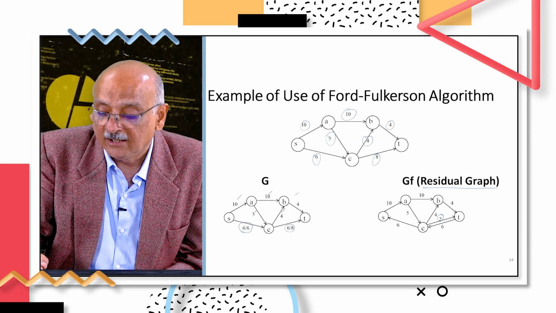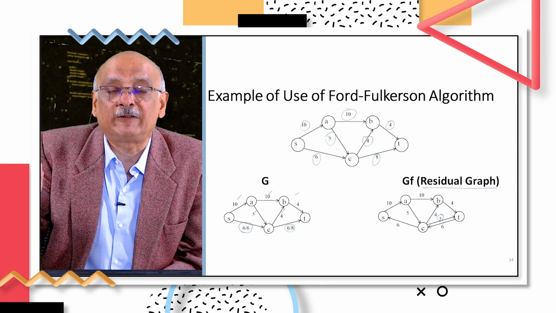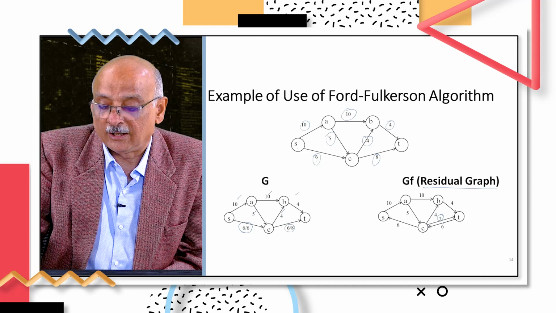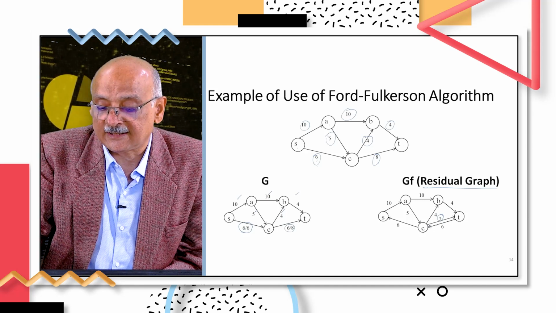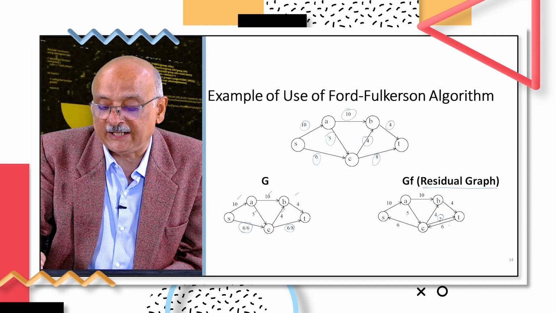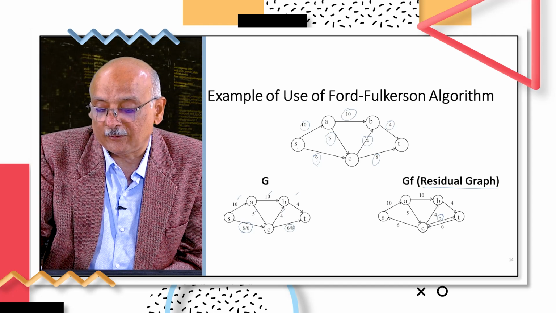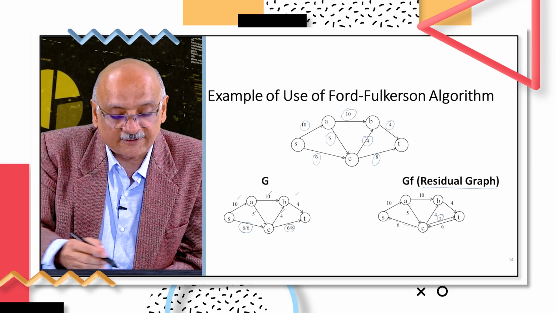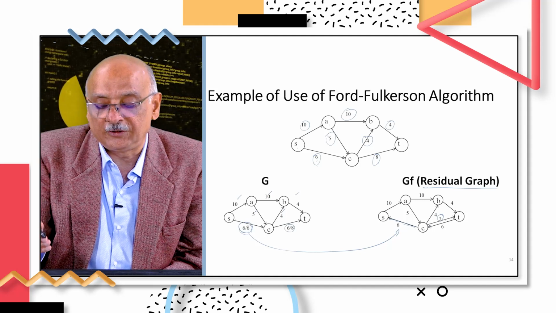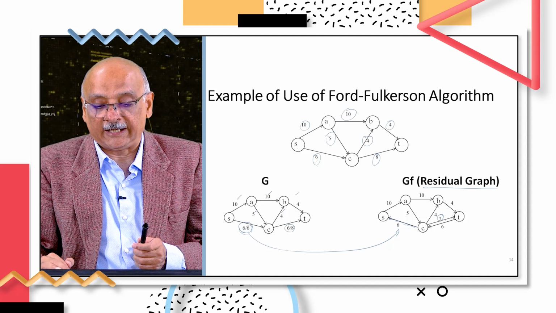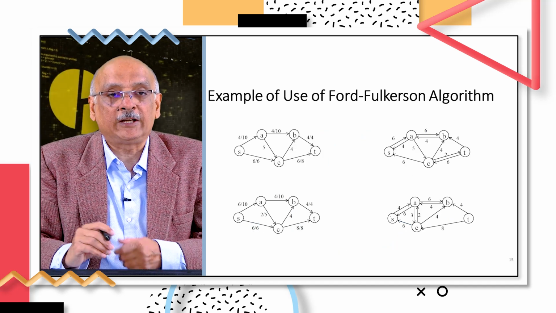So, we create a reverse link of capacity 6. Suppose in the future we might change this particular node, then we can use this particular link. So, we create this reverse link from T to C of capacity 6. Still there is a possibility of flow of 2, and this 6 by 6 value will once again be used to create a backward link. So, this is how the residual graph has been done. Let us look into the next step.